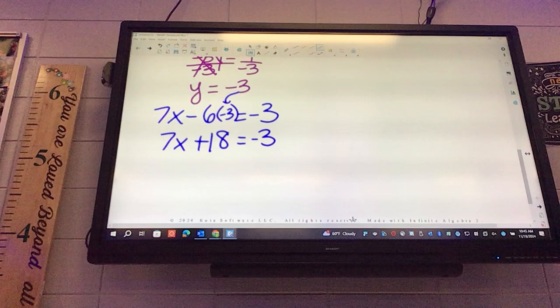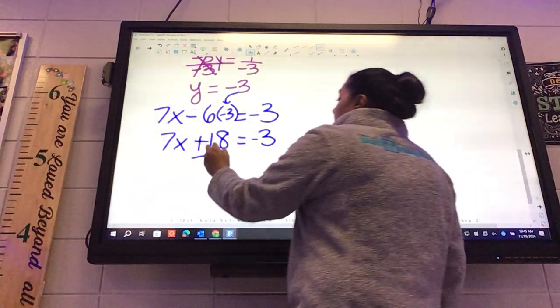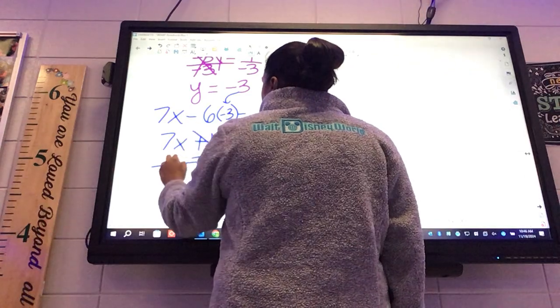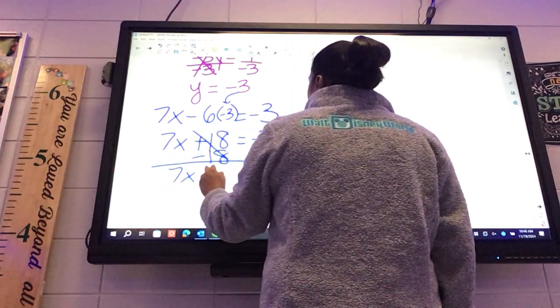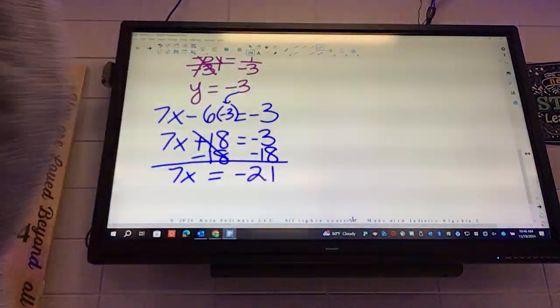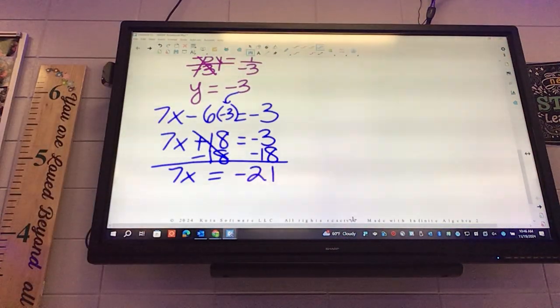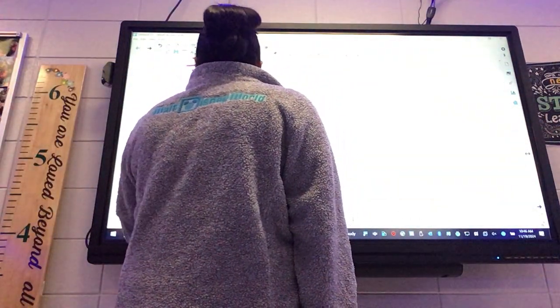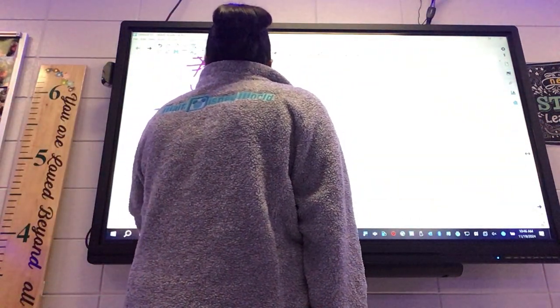Minus 18 on both sides. So I'm going to get 7x equals negative 21. Divide by 7 and divide by 7. So we get x equals negative 3.